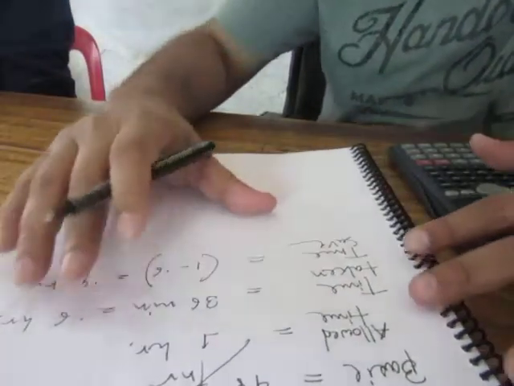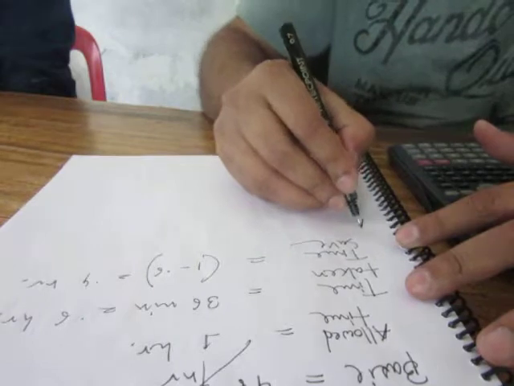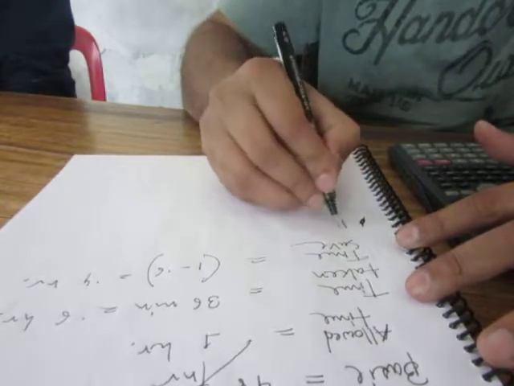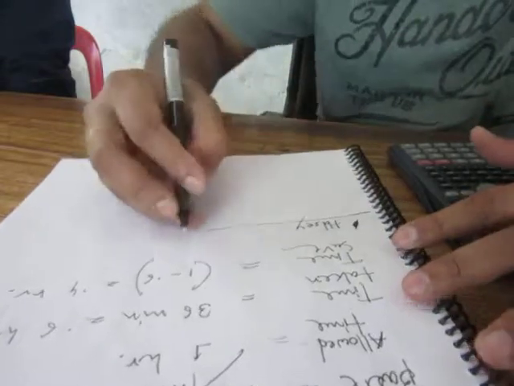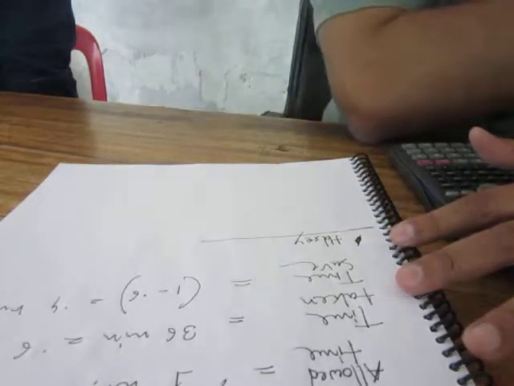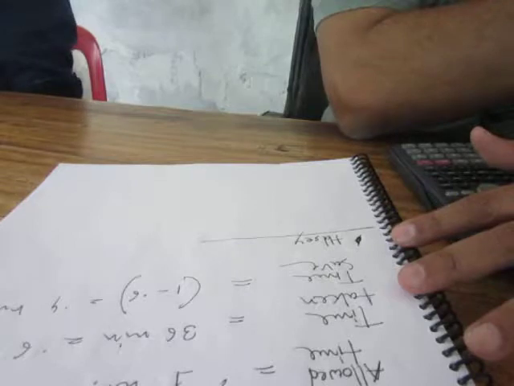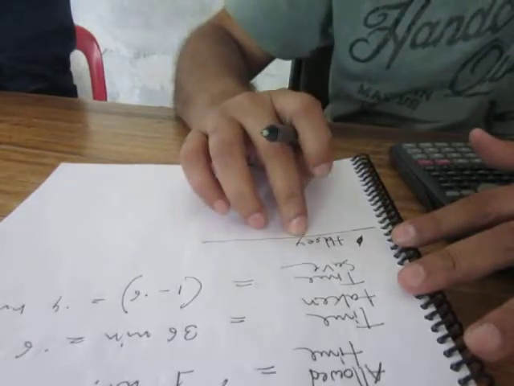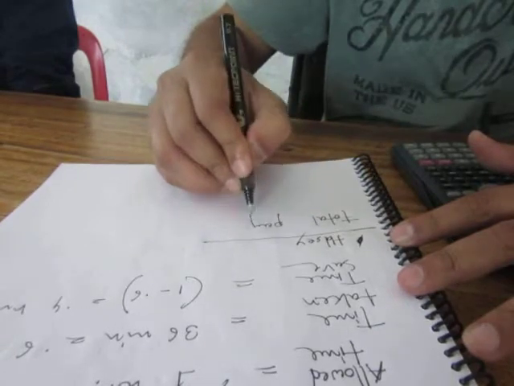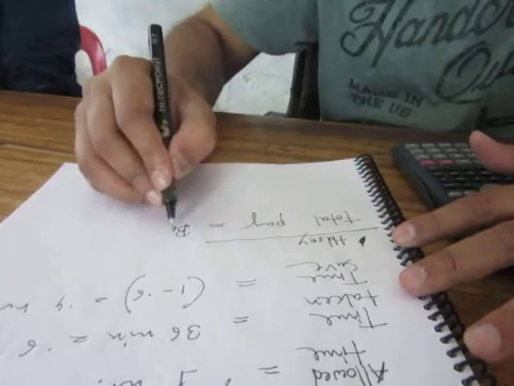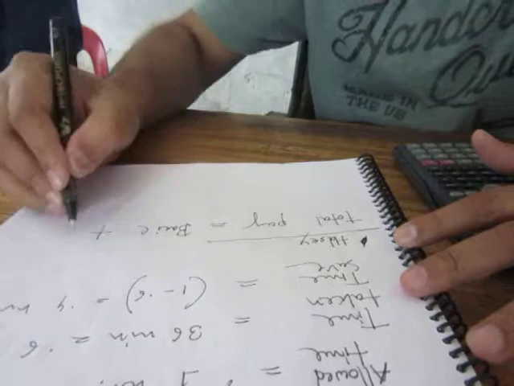Now, LCM. You are required to find out your total payment according to LCM. Total payment means basic plus incentive.